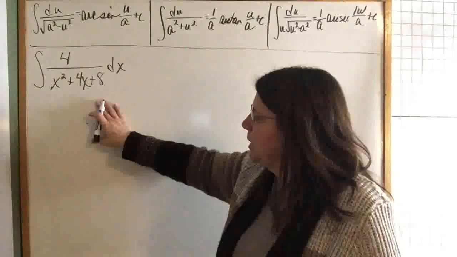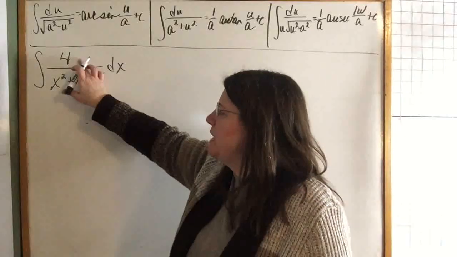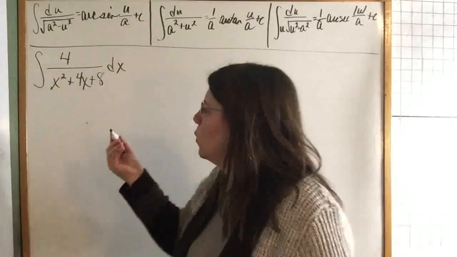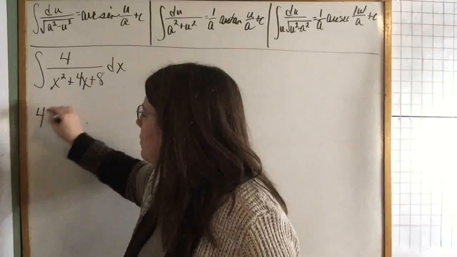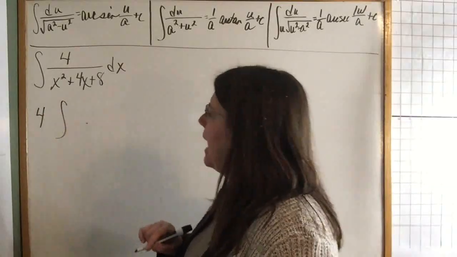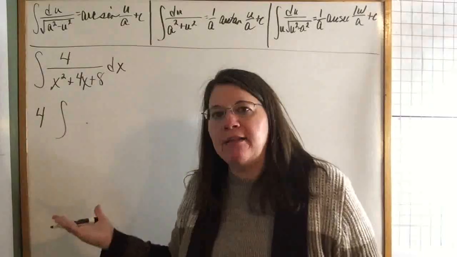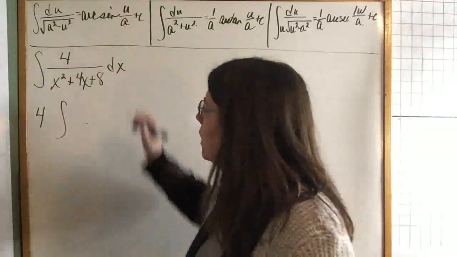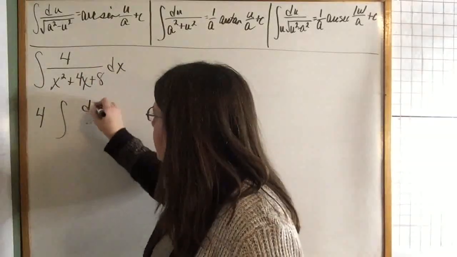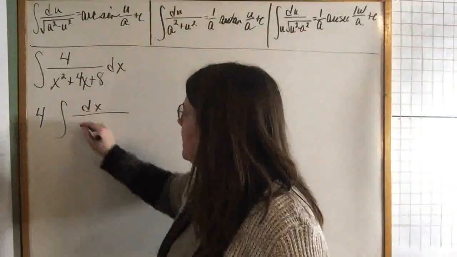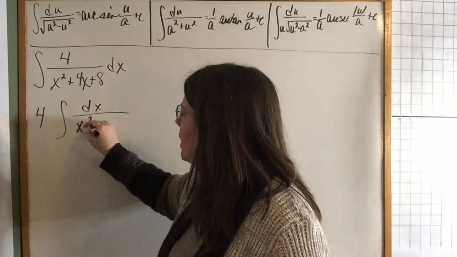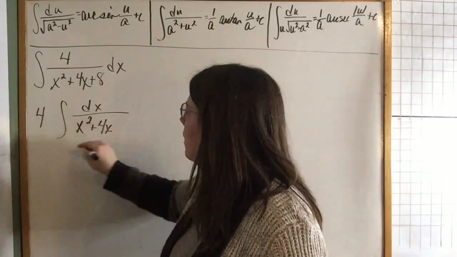For this one, if we have that 4 on the top, we can still bring that 4 outside. So if I take the 4 outside, I would just multiply my answer times that constant of 4. I'm going to put the dx on top, and then I'm going to try to complete the square on the bottom.